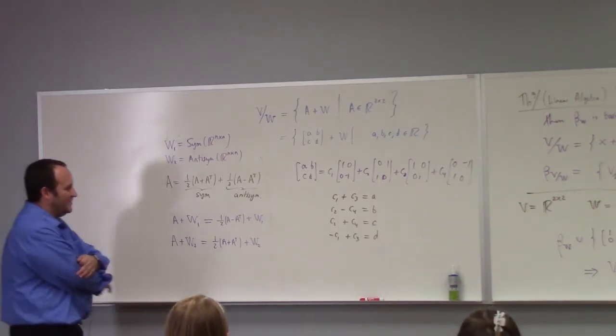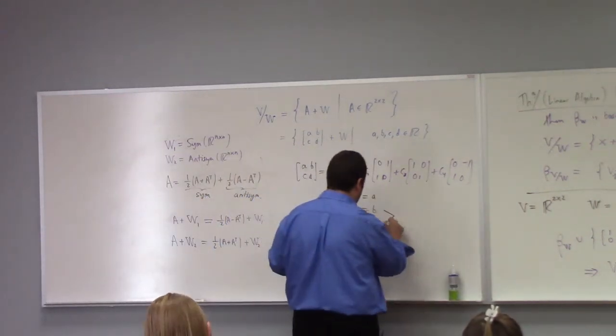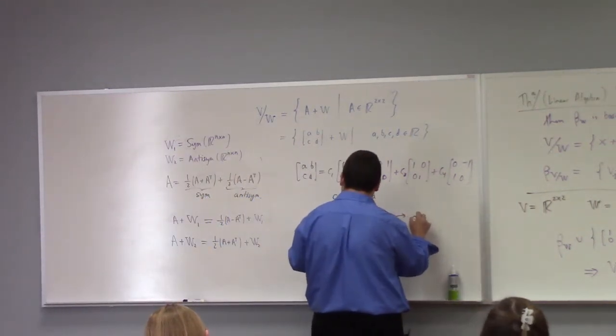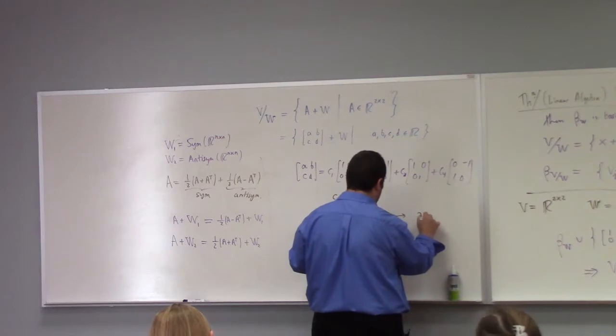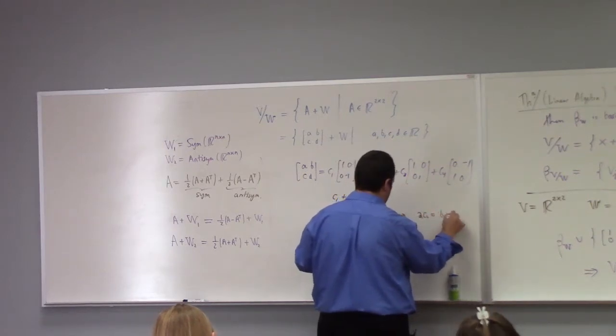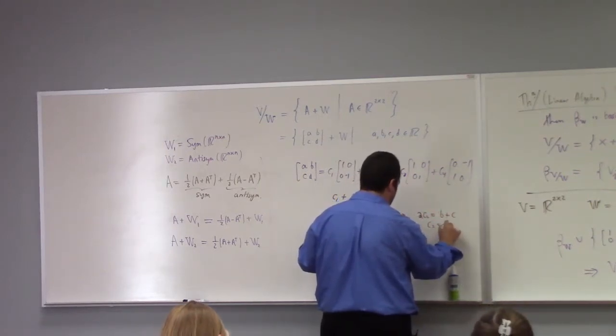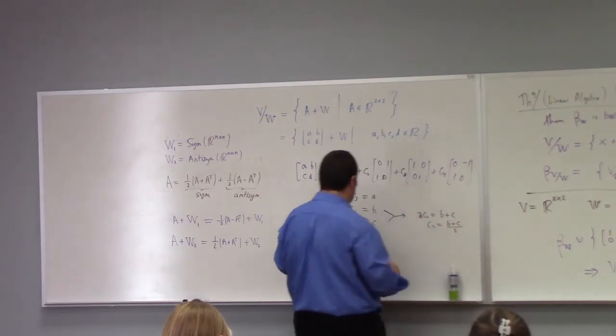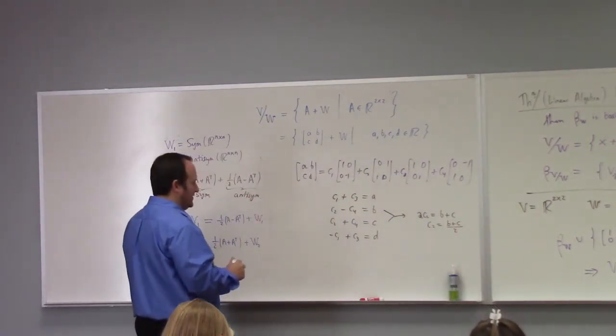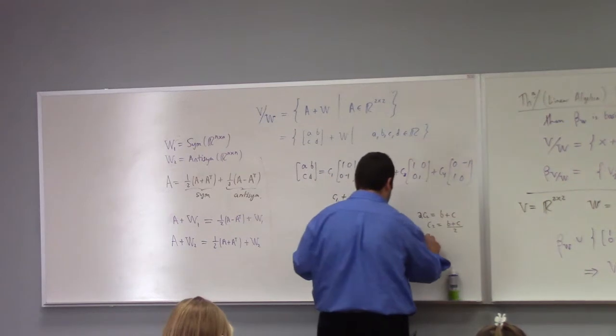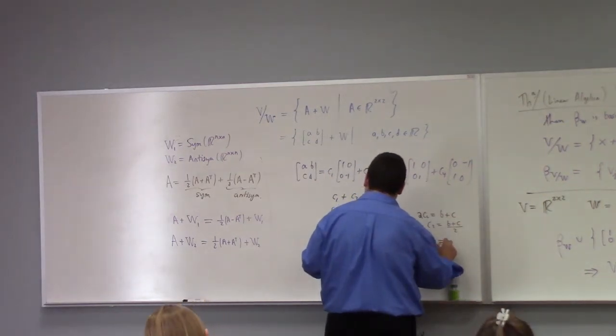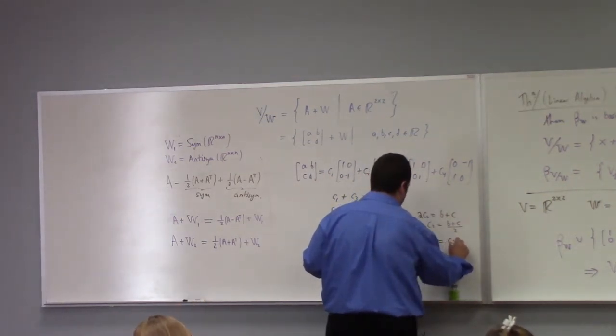Well, I guess we can add the middle two. That gives us that 2C2 is equal to B plus C. So C2 apparently is (B plus C) over 2. Oh, we can subtract them. And also we get C4 is equal to (C minus B) over 2.